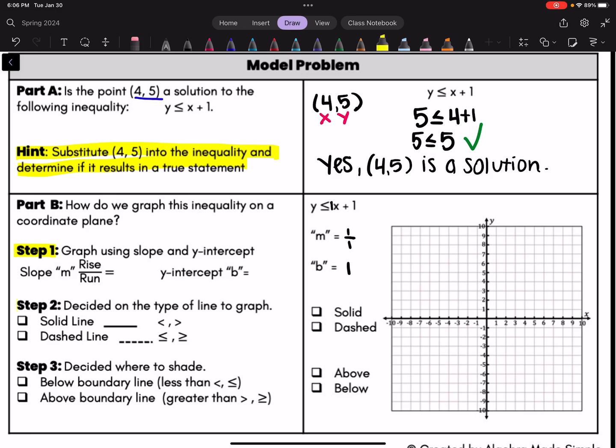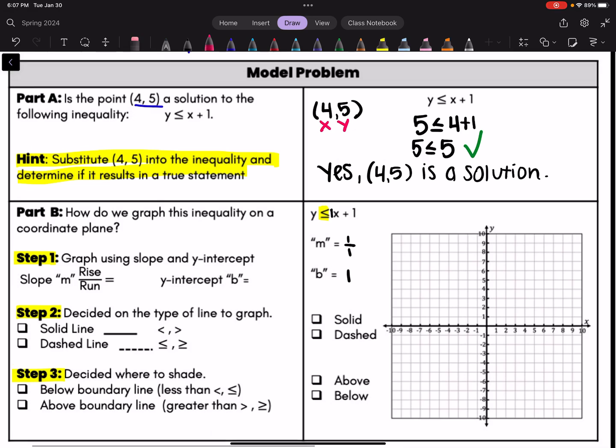Our second thing that we need to do is decide, based on the symbol that we have, if we need to have a solid or a dashed line, and then we decide if we need to shade above or below. Okay. So looking at the symbol that we're given, we have less than or equal to.